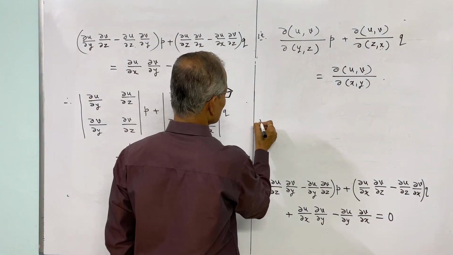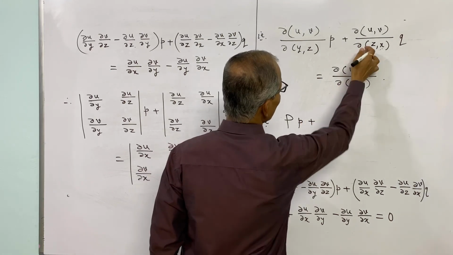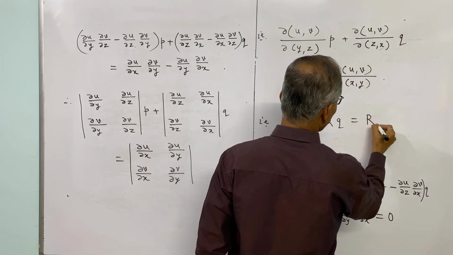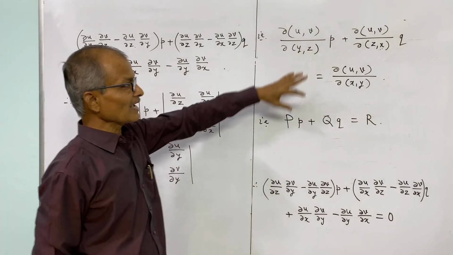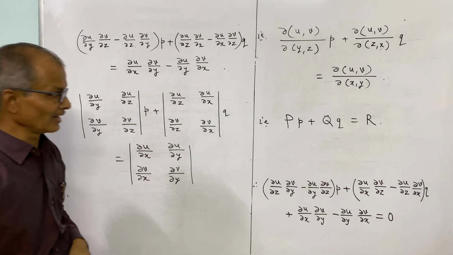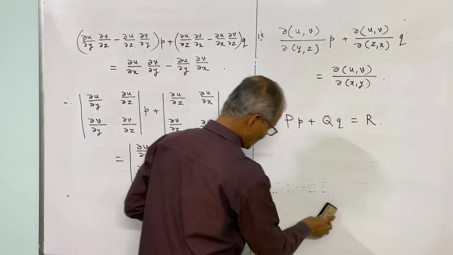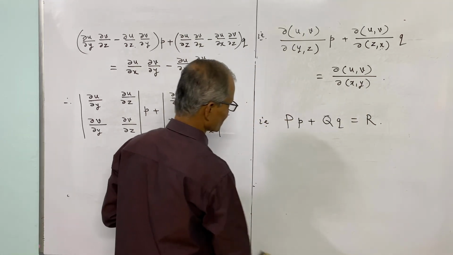And again this is capital P into small p plus, we denote, capital Q into small q, and is equal to R. So here the function phi is not there. Phi we have eliminated, and this is the partial differential equation of relation 1 obtained by eliminating the arbitrary function phi.